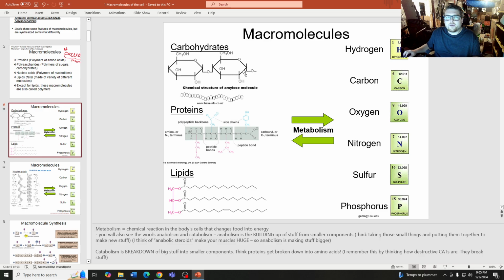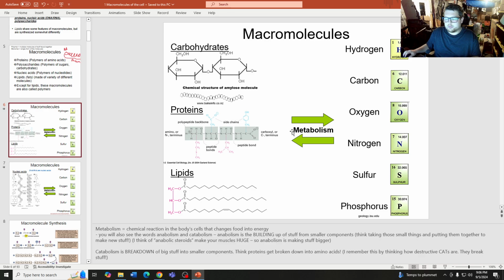You should have, hopefully in undergraduate, seen some of this. These are our main macromolecules that we consume. We consume sugars, we consume proteins, and we consume fats. This is what keeps our body alive. This is everything that we really, really need in our bodies, okay?